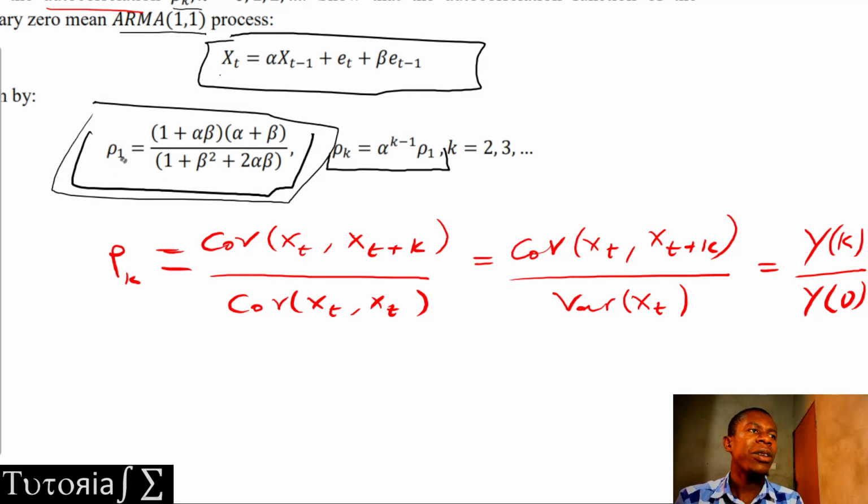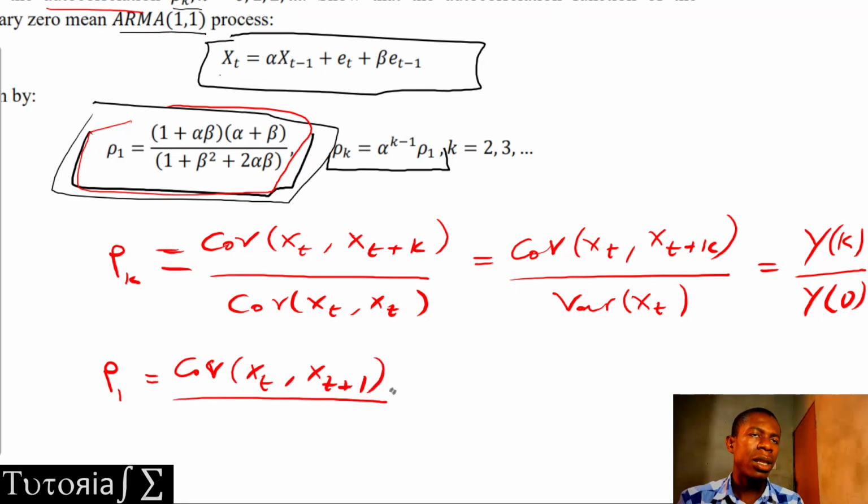Now what we are looking for in this question is when k is 1. So we are looking for rho 1, which will be equal to the covariance at lag 1 over the variance of x_t.